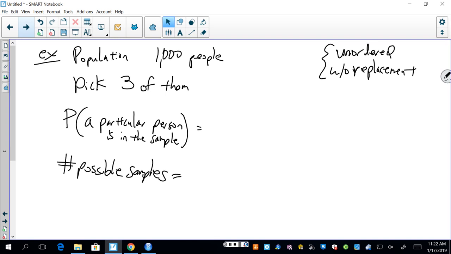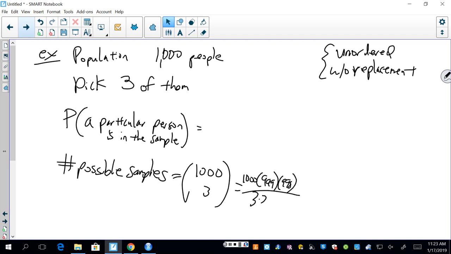Thousand people in the population. You're going to randomly pick 3. 1,000 choose 3. So 1,000 times 999 times 998 over 3 times 2 times 1. Right? That's going to be our denominator.